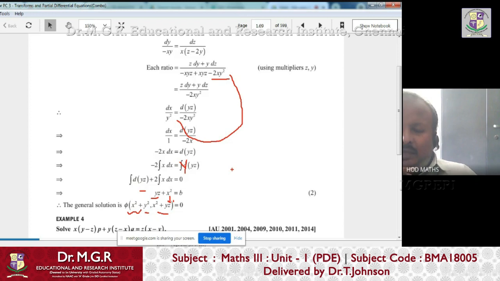So the solution procedure is only a trial and error method, right? You have to use your common sense, and you should know basic integration formulas and integration methods in order to solve this type of problem, right?